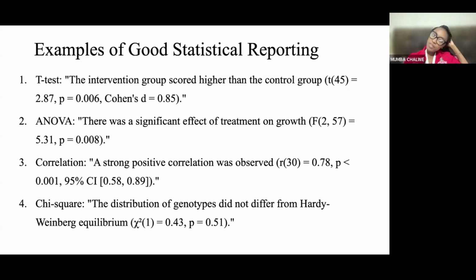We look at the ANOVA. That's the example there: there was a significant effect of the treatment on growth of whatever it is you're investigating, and you've put your nice p-value there. You've put everything there. A strong and positive correlation was observed, and you put it there with the confidence interval. Your chi-square test as well, you put everything in there nicely.